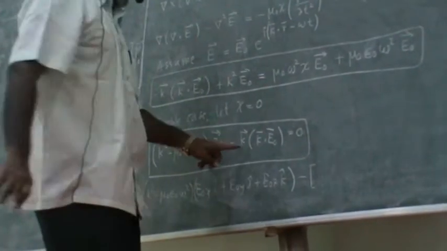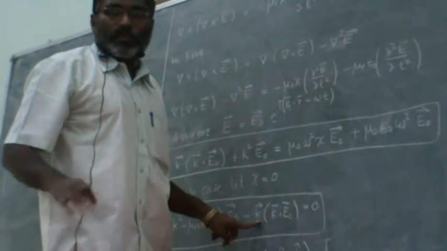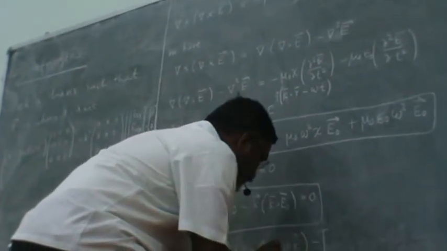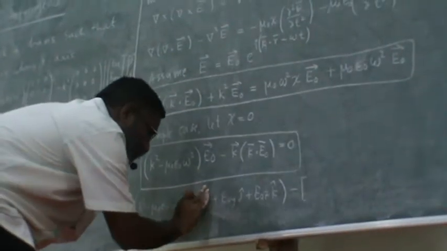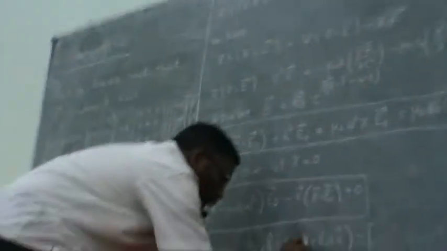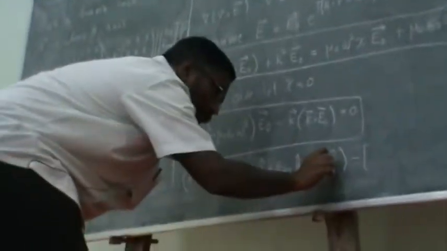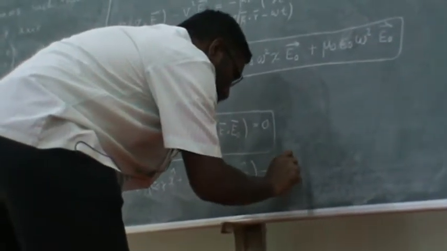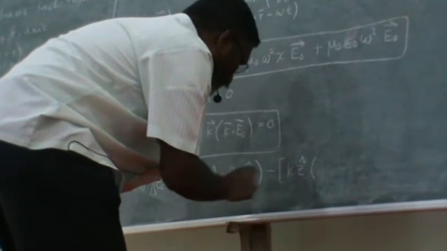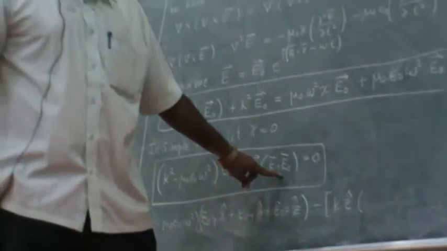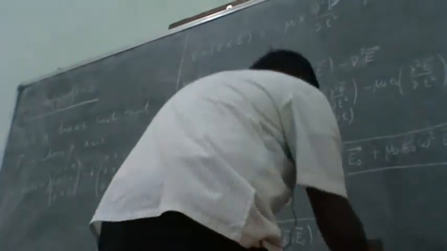what is k? k is simply 0, 0, 1, right? There are too many k's, so let me write x cap, y cap, and z cap. This one is simply k times z cap into, what will you have here? E naught z.